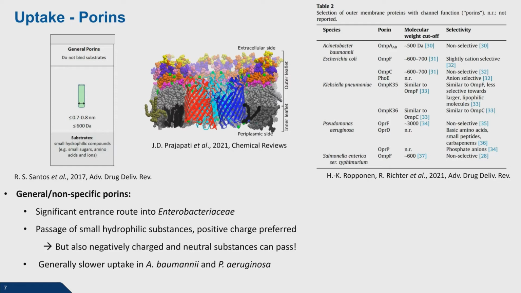But you also then have a better diffusion across the lipid layer, and a better passage through the unspecific porins. In many cases, I've seen that certain functional groups, for example in ciprofloxacin, the carboxylic acid group and the secondary amine group, need to have a defined distance to get well through the porins.